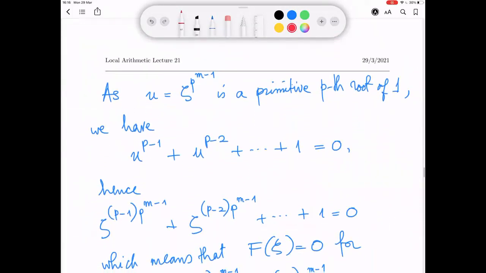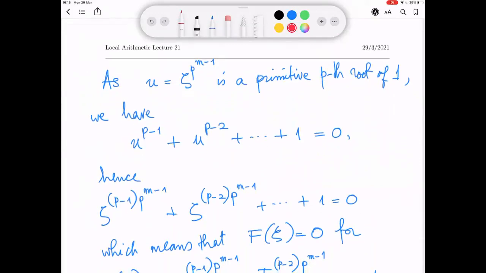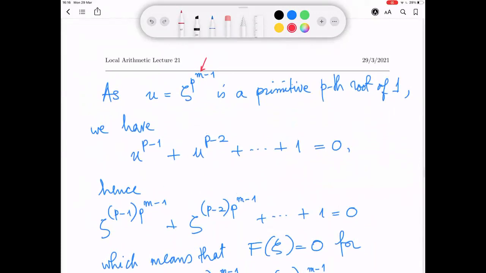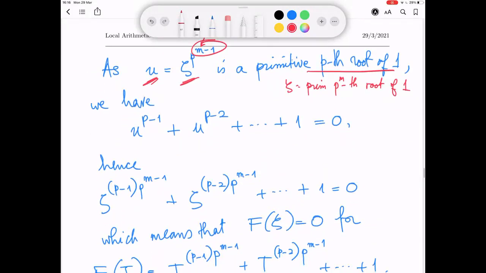But let's now start proving the statements. So this is done by induction on m. Okay. Well, let's see. So let's put u equal to zeta to the power p^(m minus 1). That's a primitive pth root of unity because zeta is a primitive p^m-th root of unity, right?